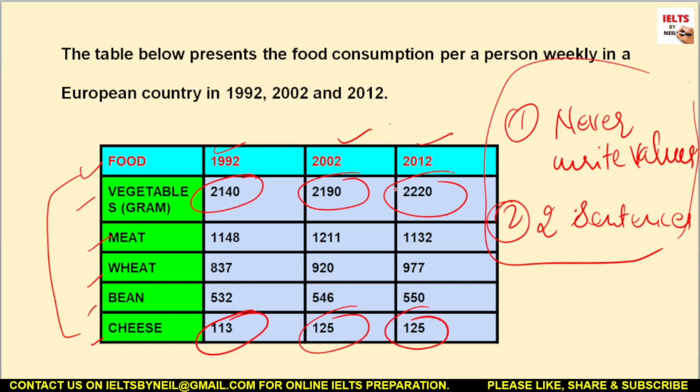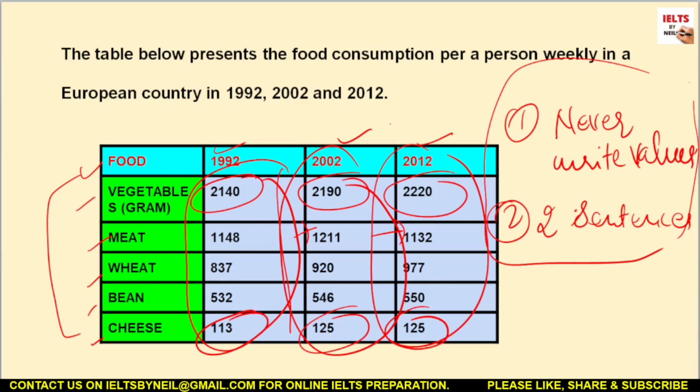So this could be our first overall statement. And if you look closely, all these values are increasing in the next year, then increasing in the next year again. It means a similar trend is being followed for all of the values. So these could be our 2 overall statements.